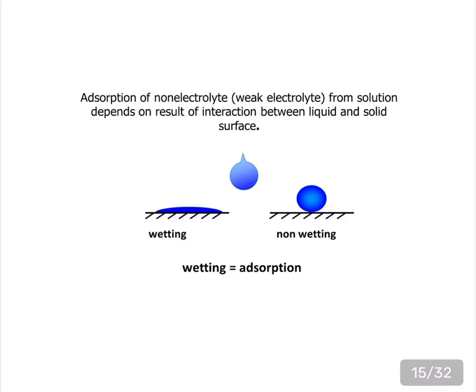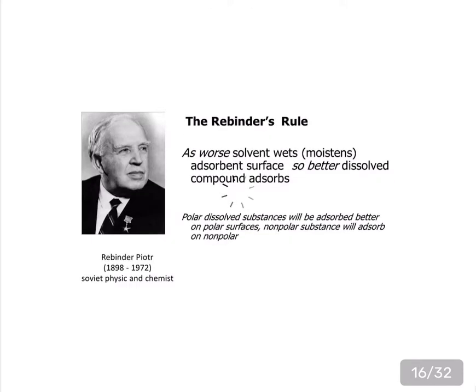As we know, polar liquid wets polar solid material and non-polar liquid wets non-polar solid material. According to this rule, Soviet chemist Petr Rehbinder formulated the following rule.